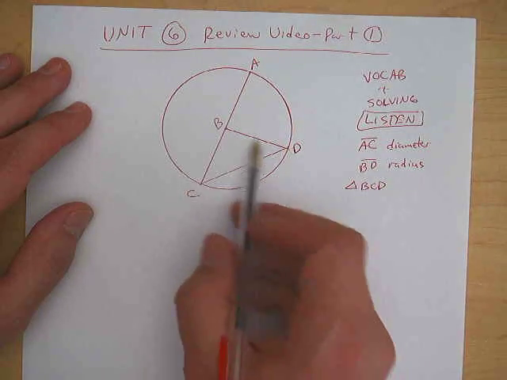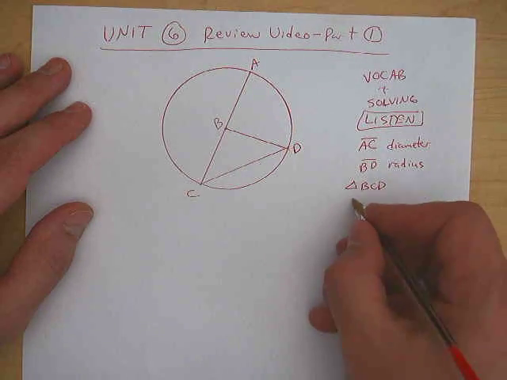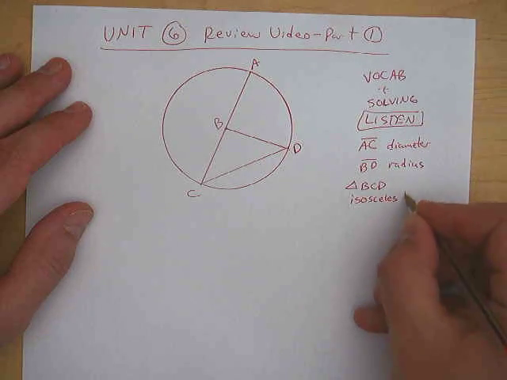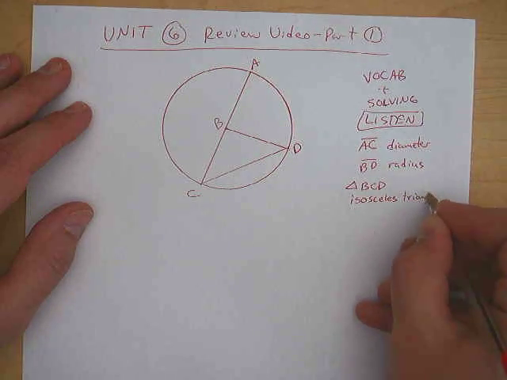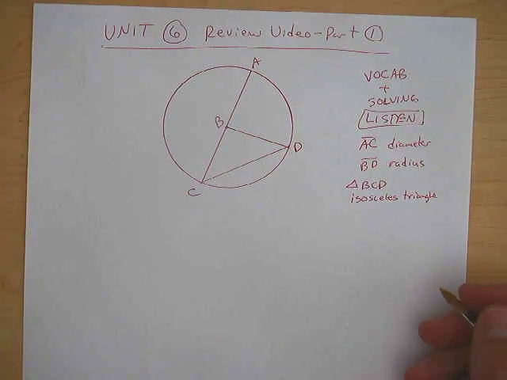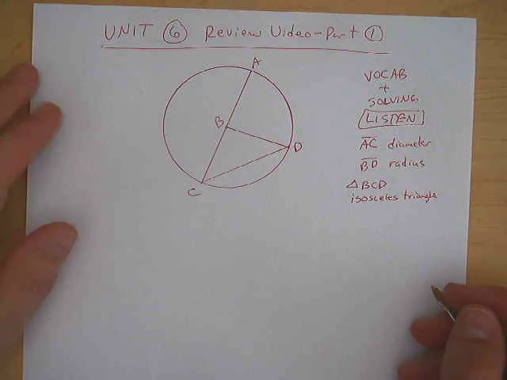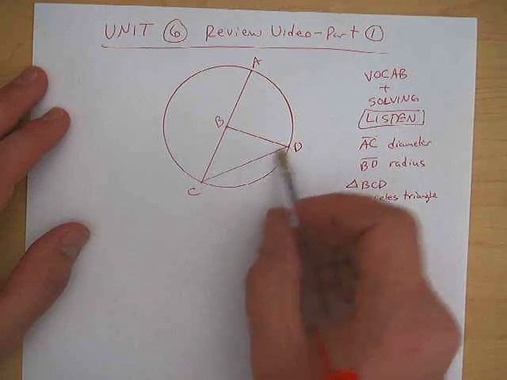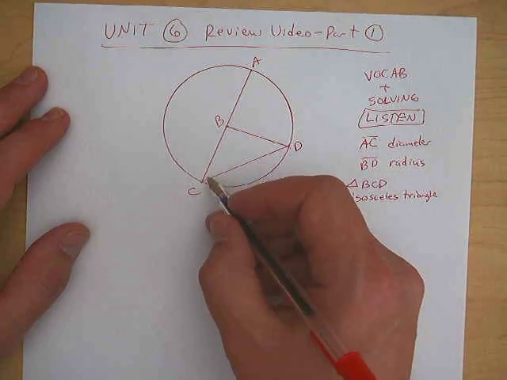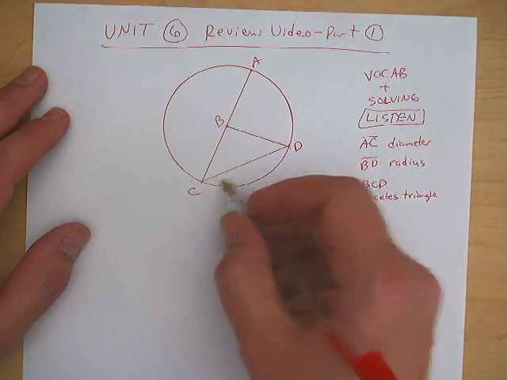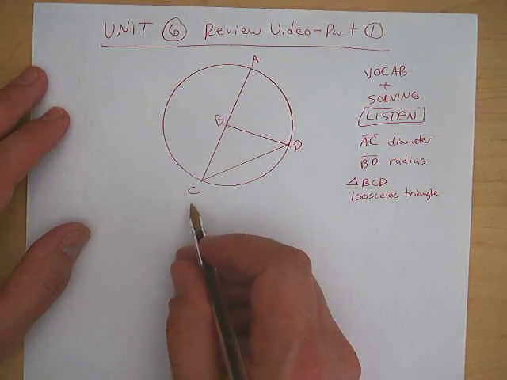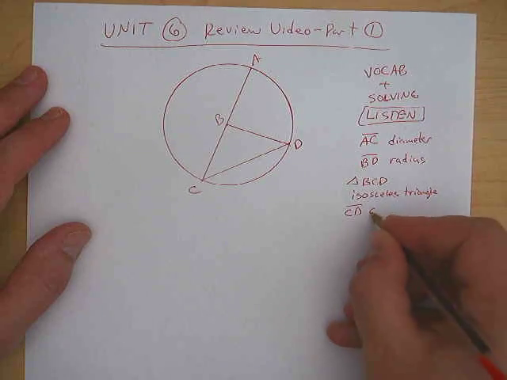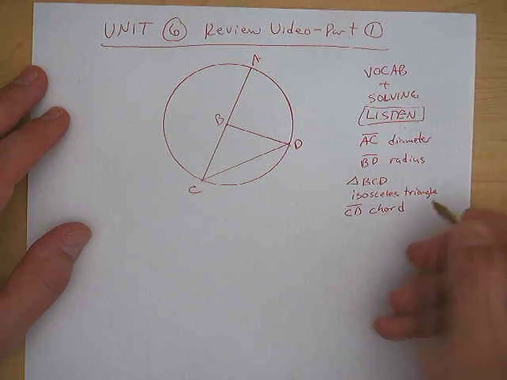Well, since B to C is a radius and B to D is a radius, this whole triangle is an isosceles triangle. Now C to D is also a chord like A to C is, but A to C we might say it's a diameter. C to D is just going to be a chord.